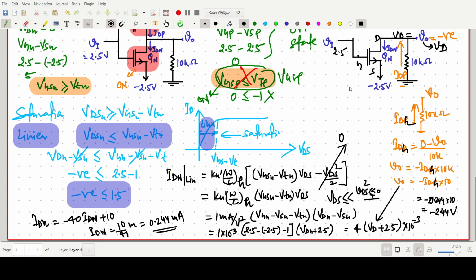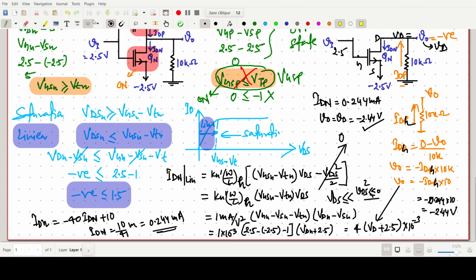So here what we have concluded is that IDn in this case will be 0.244 milliampere, and V naught, that is our VD, will be negative, minus 2.44 volt.